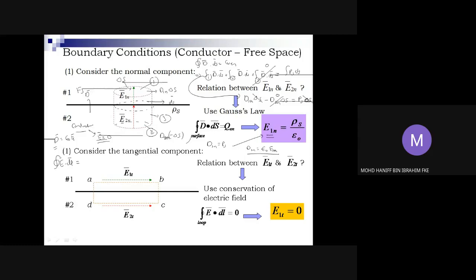Based on this diagram, this closed loop integration of E dot dl equal to 0 can be written as the integration from A to B of E1T dot dl, plus the integration from B to C of E dot dl.